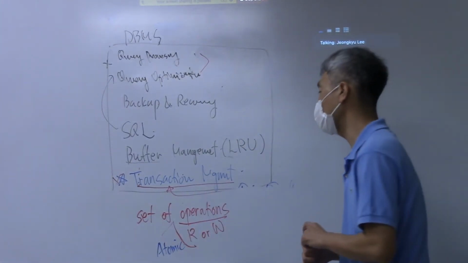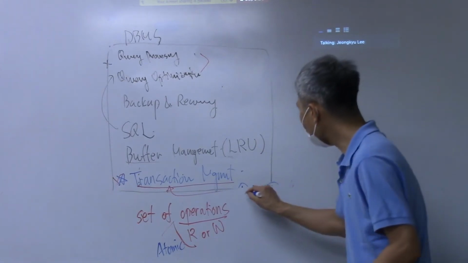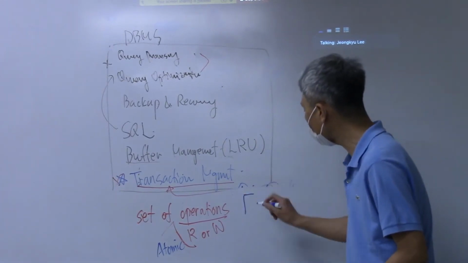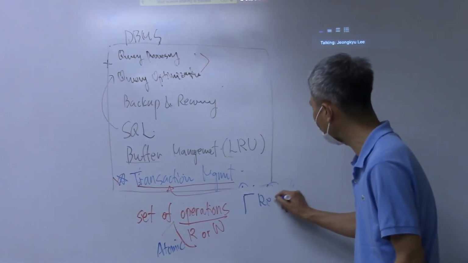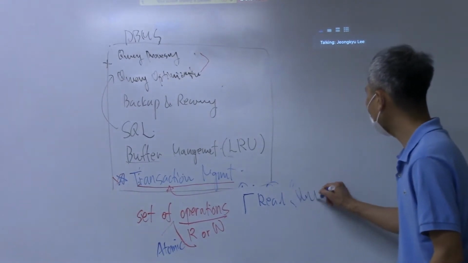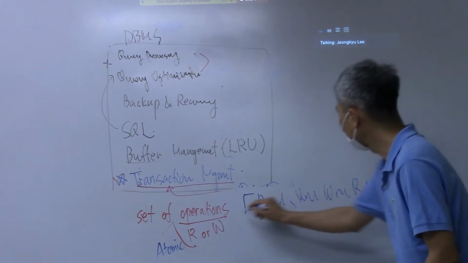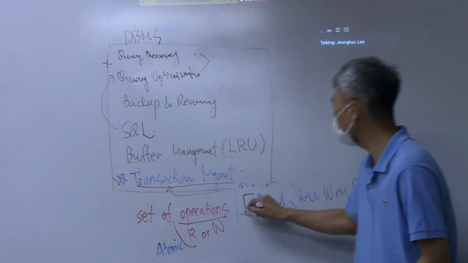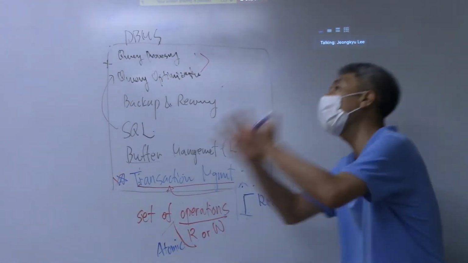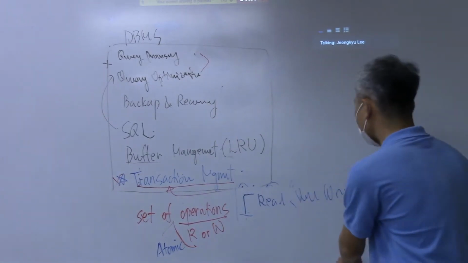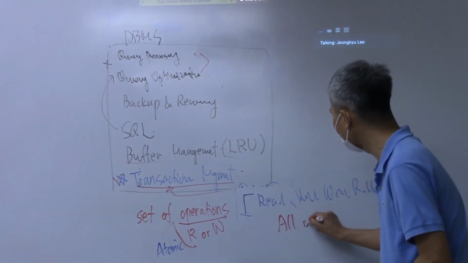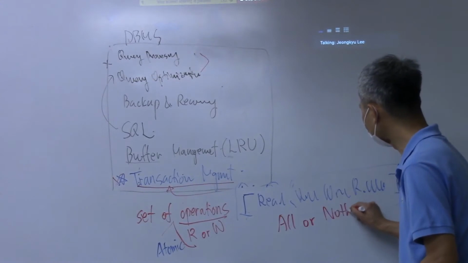Atomic means one transaction may include many reads and writes, but all of these should be done all or nothing.